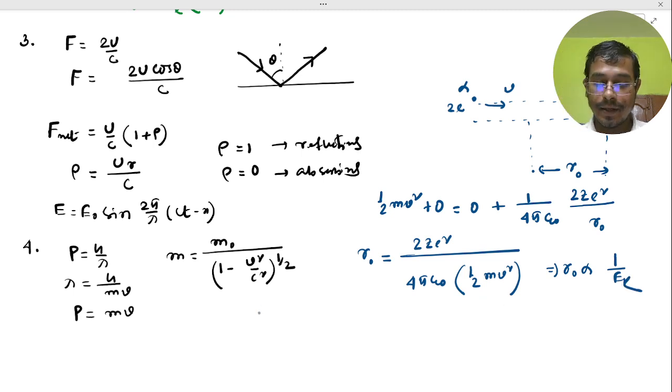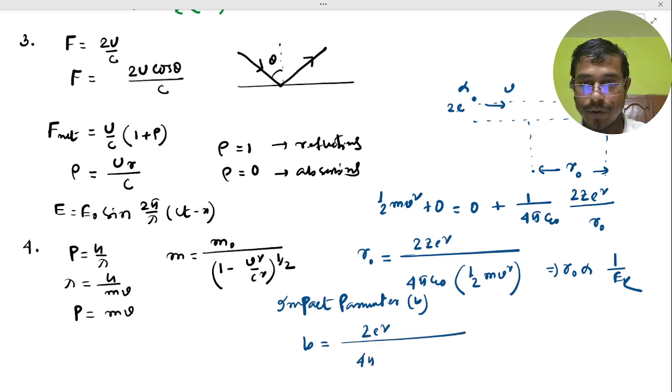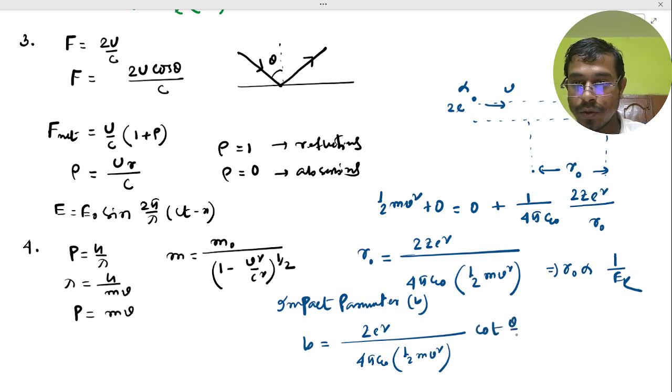Now the impact parameter, another concept, defined by b. So b is equal to Ze square by 4 pi epsilon naught half mv square times cot theta by 2. So what is theta?